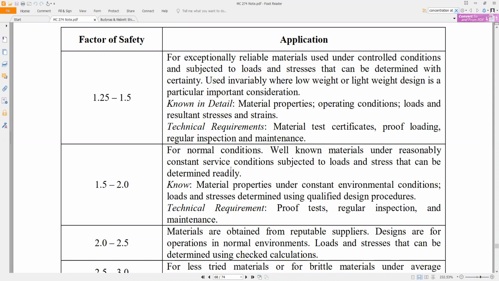So we have lightweight designs like the aerospace industry and other things where you want to ensure that the weight of materials is as light as possible, then we have a factor of safety in this range.